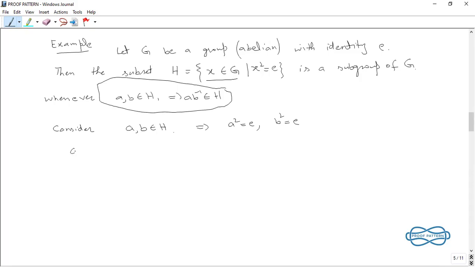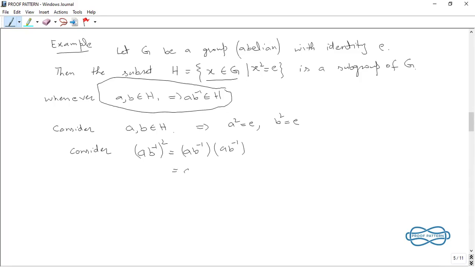Now consider A B inverse whole square. If we succeed to show that A B inverse square is the identity element, it means A B inverse also belongs to H, because H consists of all those elements of G whose square is identity. So A B inverse square means A B inverse into A B inverse.